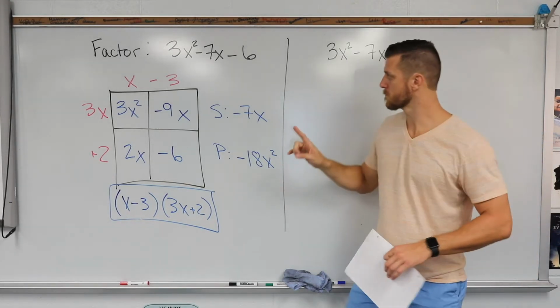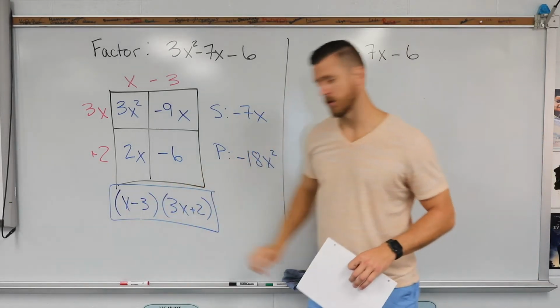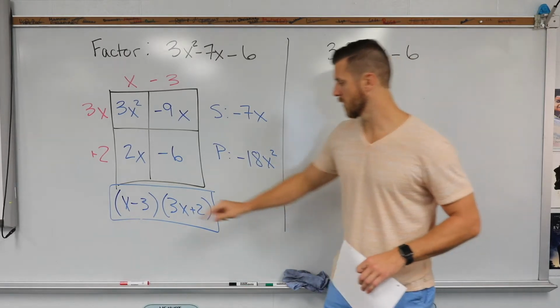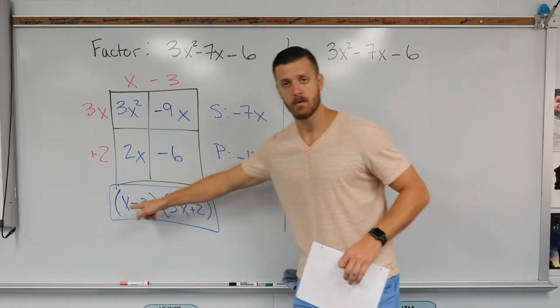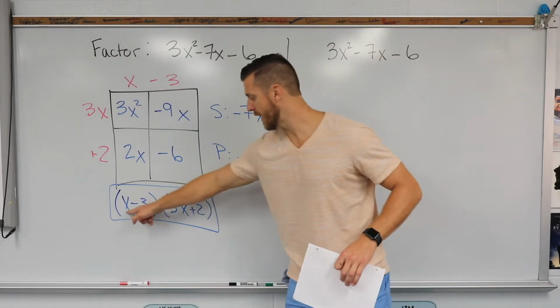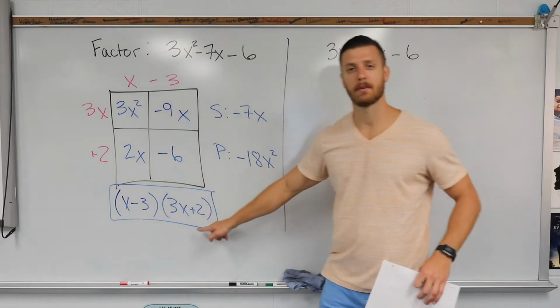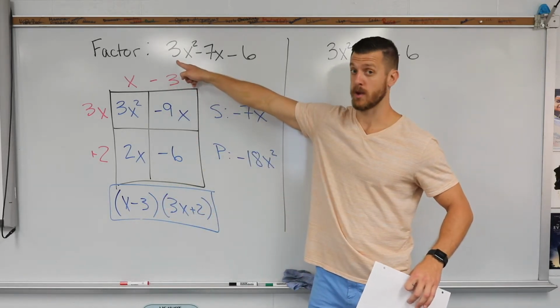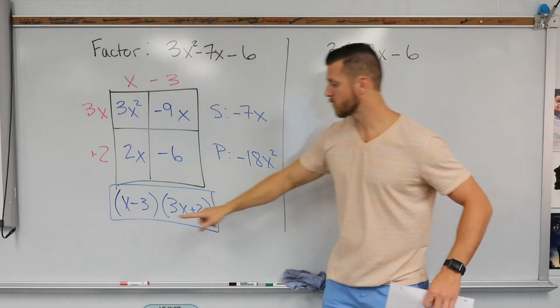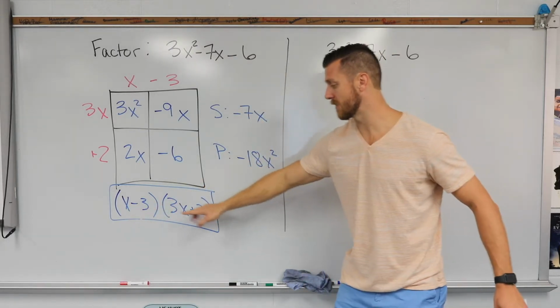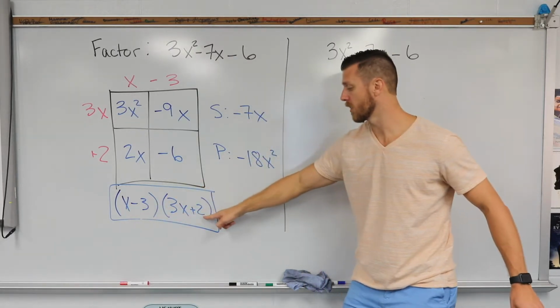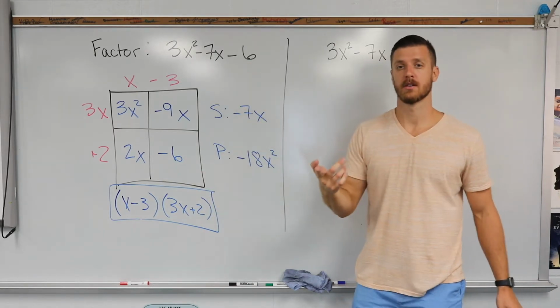Look real quick at your factors here. What do you notice? These leading terms for each factor, x and 3x, what happens when you multiply them together? You get 3x squared. What happens when you multiply the negative 3 and the positive 2? Negative 6.